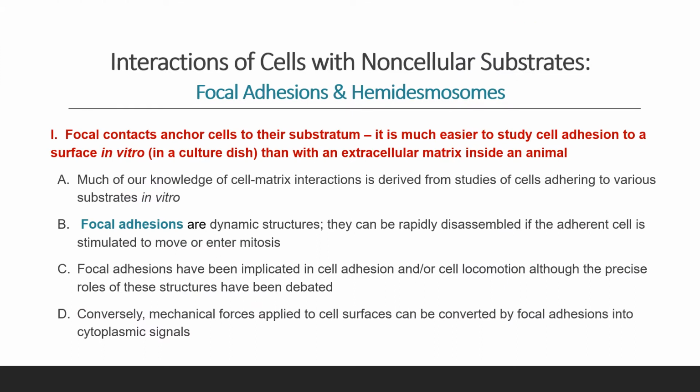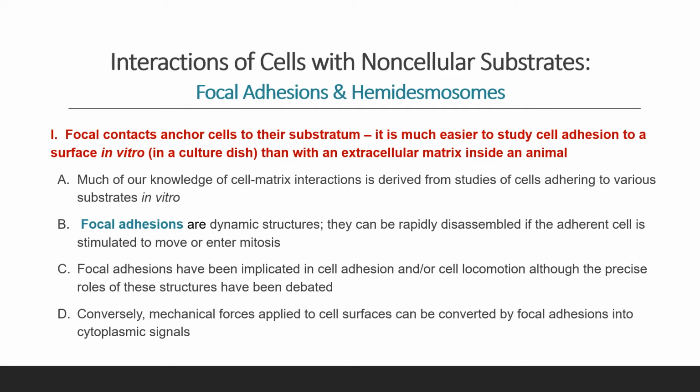Next, we have the focal adhesions and hemidesmosomes. This now will be the interactions of the cells with non-cellular substrates. Focal contacts anchor cells to their substratum. It is much easier to study cell adhesion to a surface in vitro or in a cell culture dish than with extracellular matrix inside an animal.